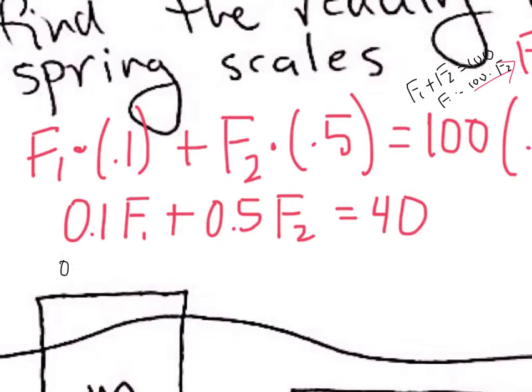So we have 0.1 times 100 minus F2 plus 0.5 F2 equals 40. Moving on. I'm going to distribute and combine like terms and do some subtracting, dividing, yada yada.